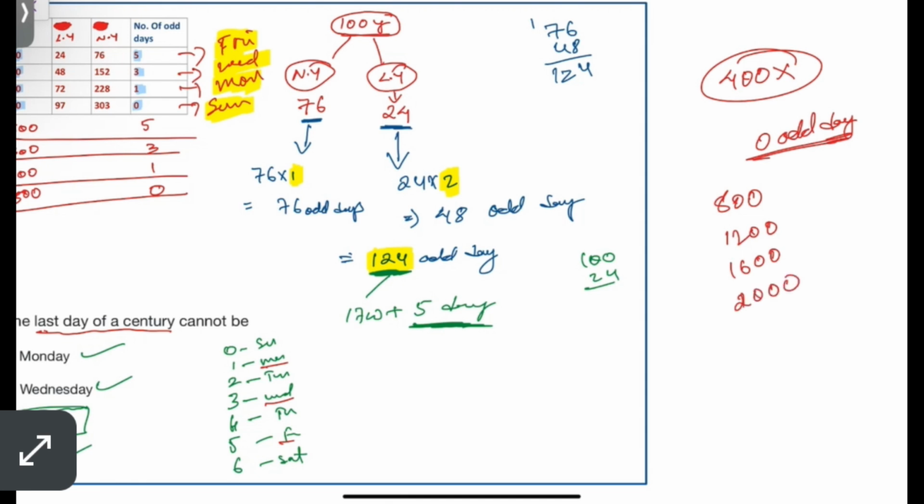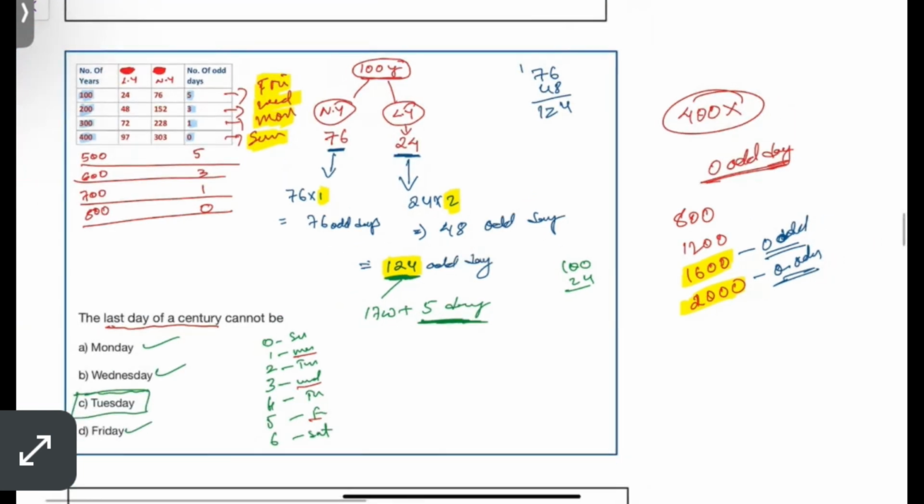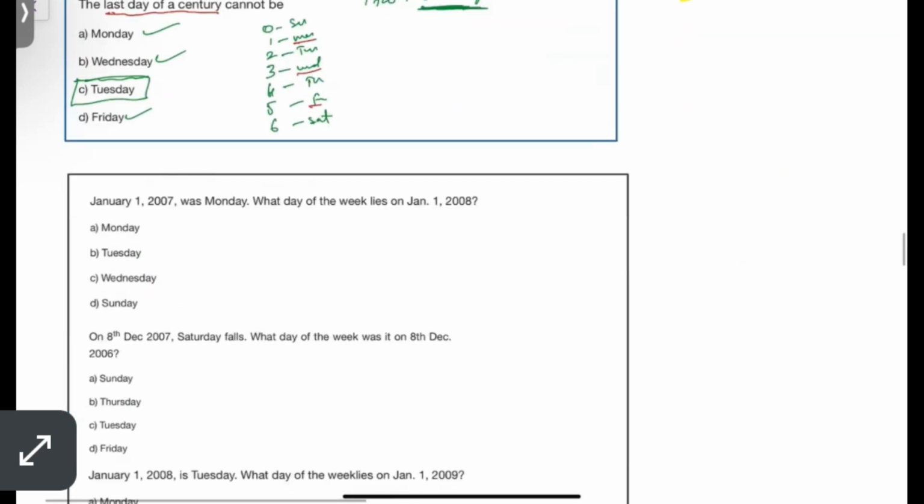Most of the questions asked in exams use these as a reference. That means in 1600 there is 0 odd days, and in 2000 there is 0 odd days, same way. So try to remember, a century year which is a multiple of 400 will always have 0 odd days.